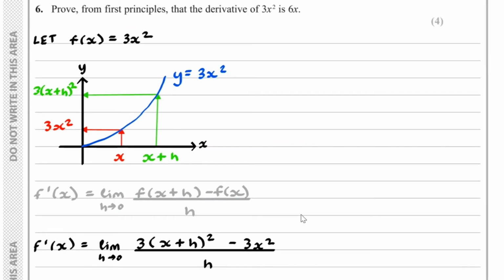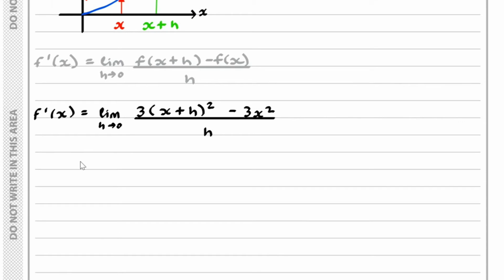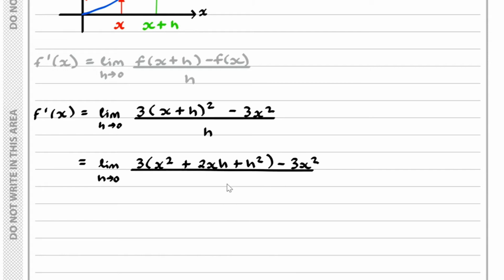So let's work all of this out. I have the limit as h tends towards 0 of 3 lots of x squared plus 2xh plus h squared minus 3x squared divided by h.